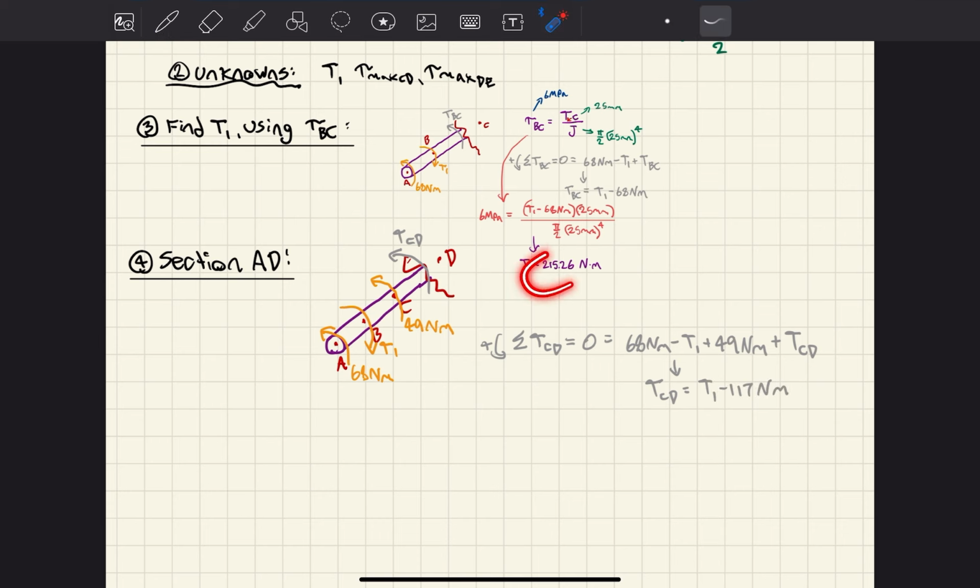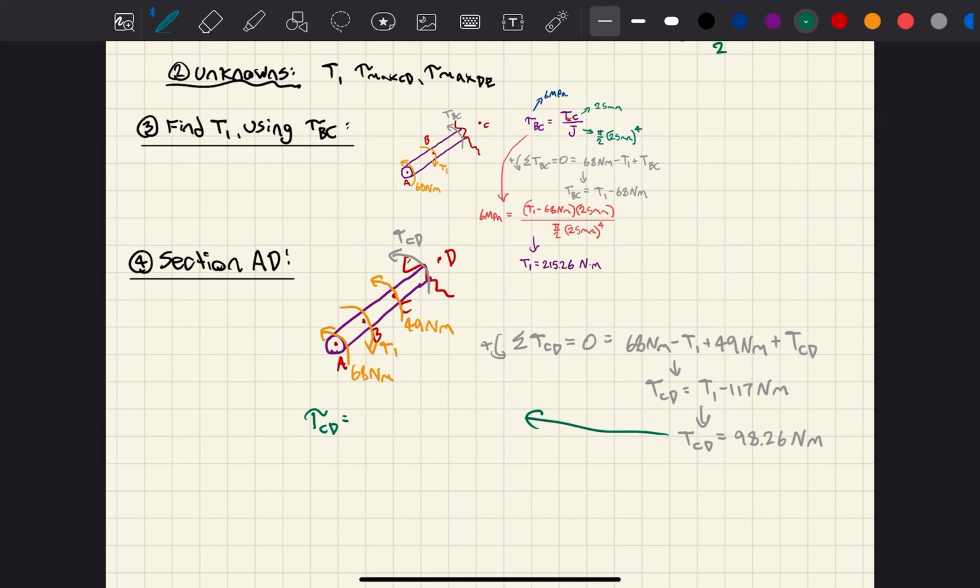If you plug in T1, you're going to end up getting that TCD, the torque that acts at this specific section of my cut, is equal to 98.26 Newton meters. And all I have to do is plug this into my shear stress formula. The shear stress at CD is equal to my torque at CD multiplied by the distance from my axis to the outer diameter, divided by my polar moment of inertia.